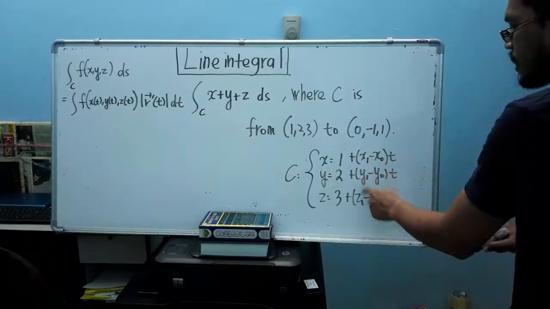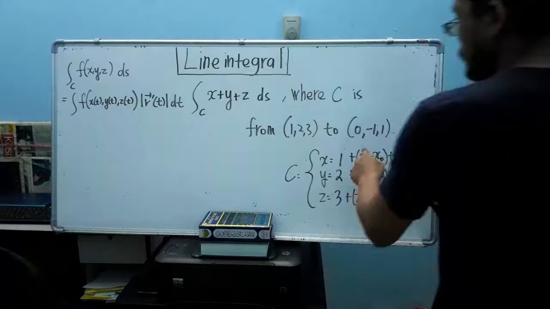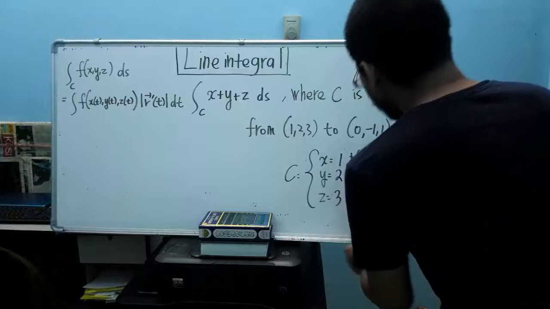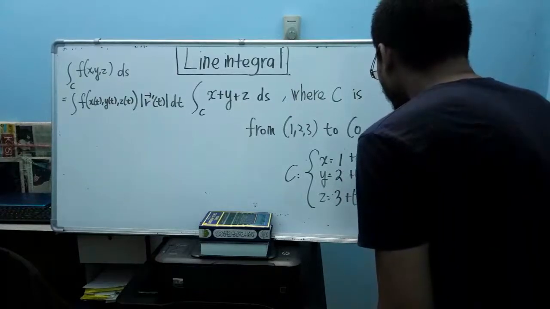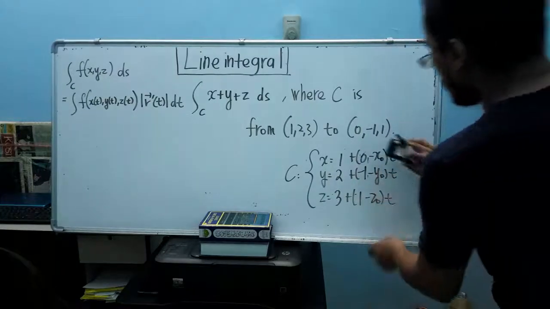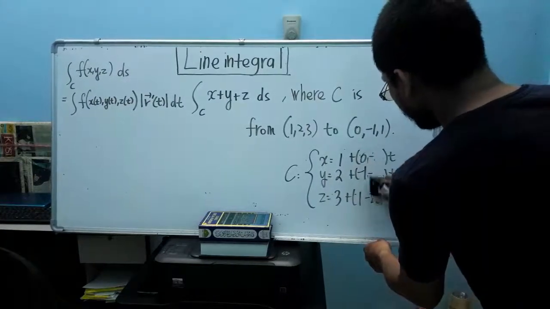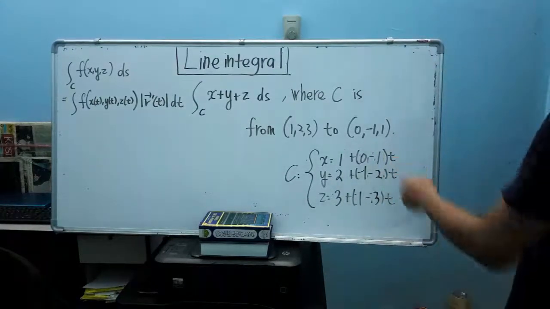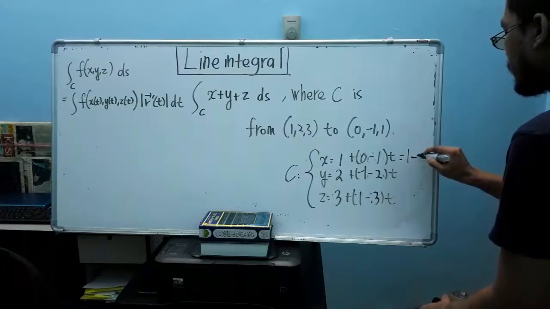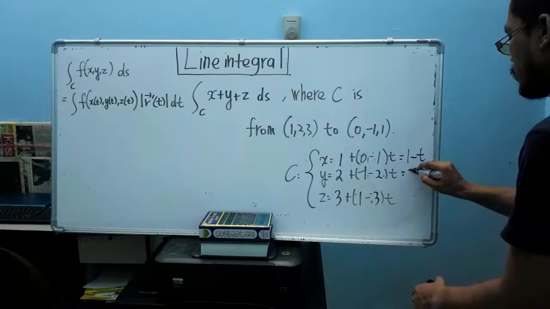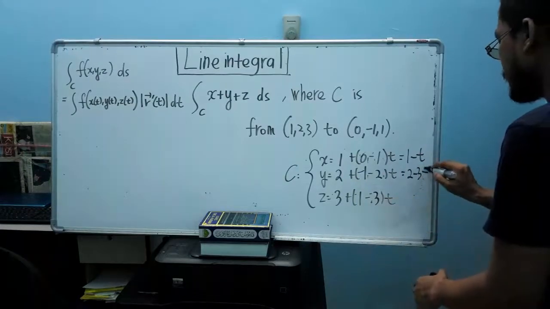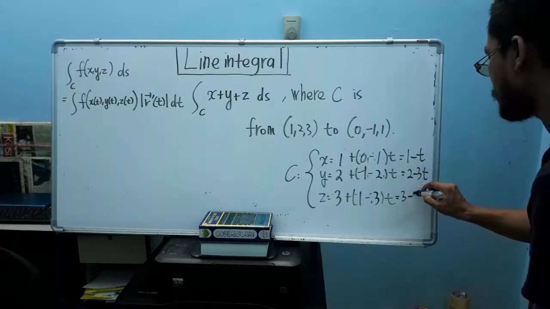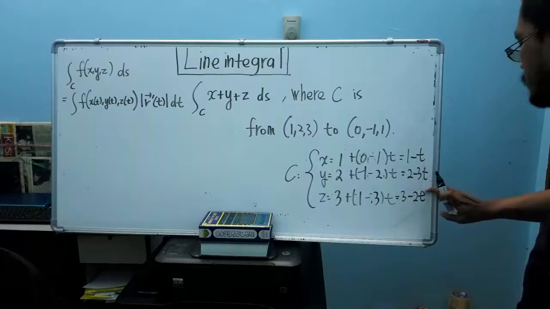So what is my x1, y1, z1? They come from the terminal point, which gives me 0, -1 and 1. So the final answer is 1 minus t, 2 minus 3t, and 3 minus 2t.